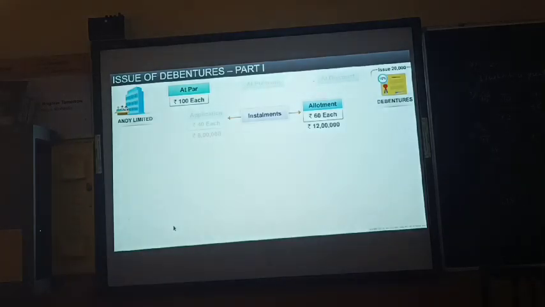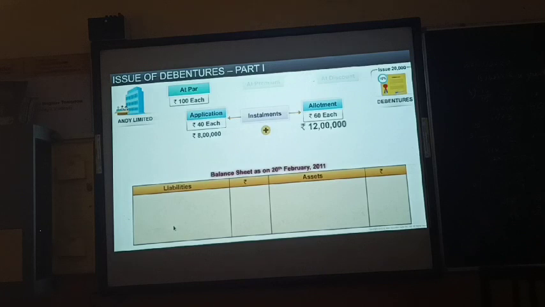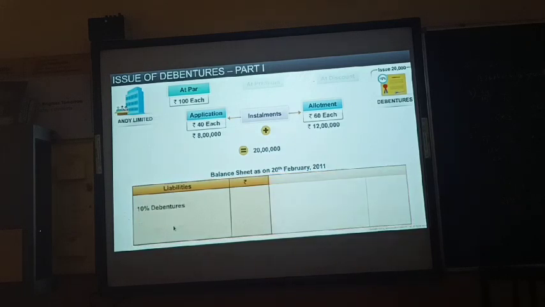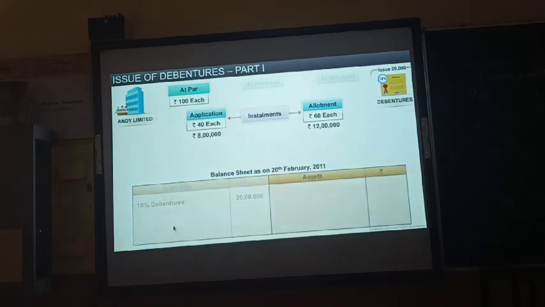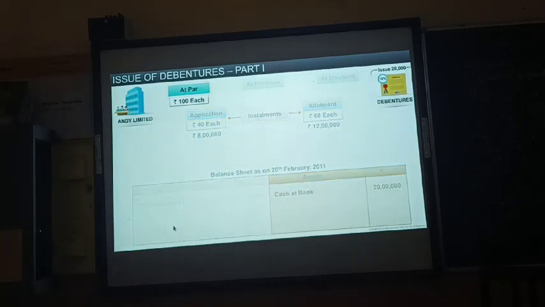Going ahead, let us have a look at the treatment of this in the balance sheet as on the 20th of February 2011. In the balance sheet, the 10% debentures worth 20 lakh rupees are shown on the liabilities side. Further, the cash received on these debentures is shown on the asset side as cash at bank, 20 lakh rupees.